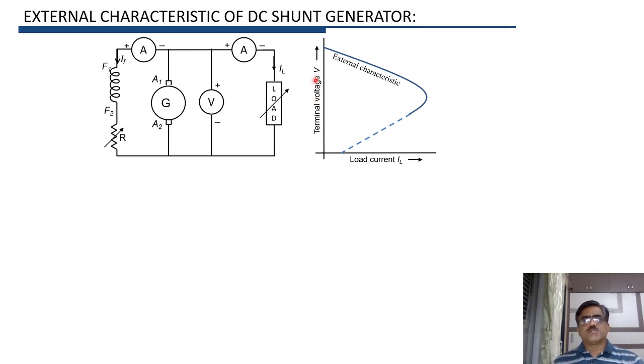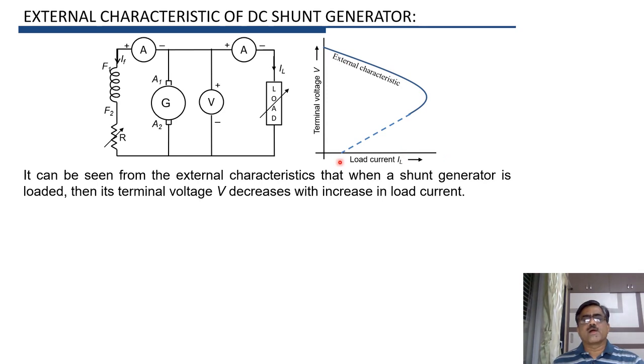So it can be observed from this external characteristic that as the load current is increased, the terminal voltage decreases. So with increase in load, there is decrease in terminal voltage.